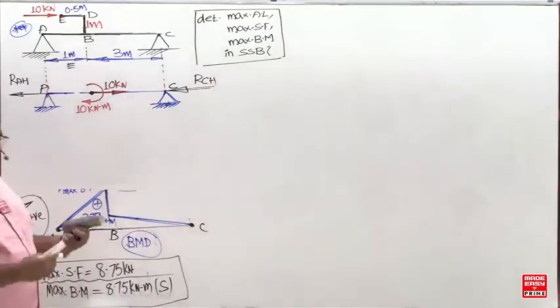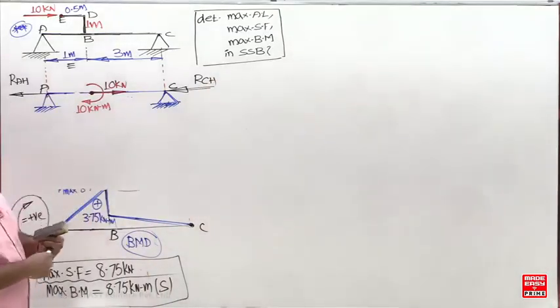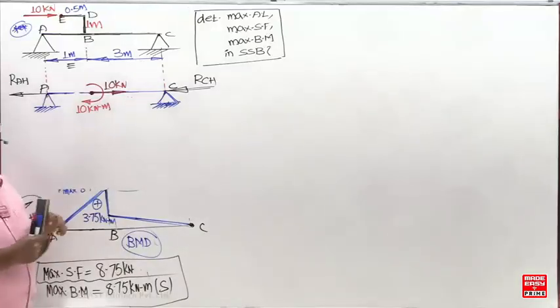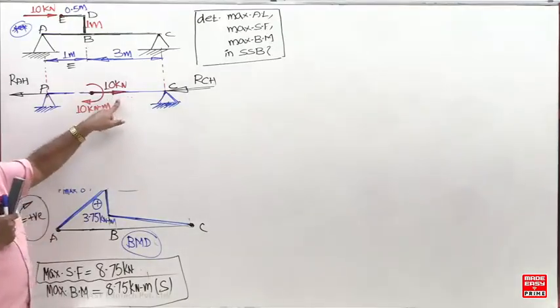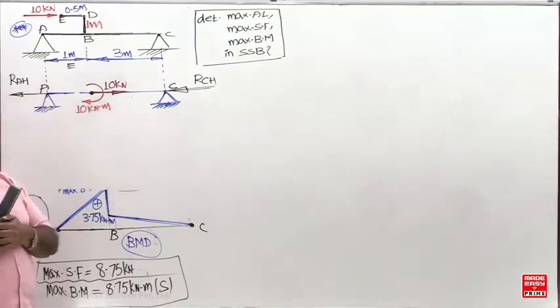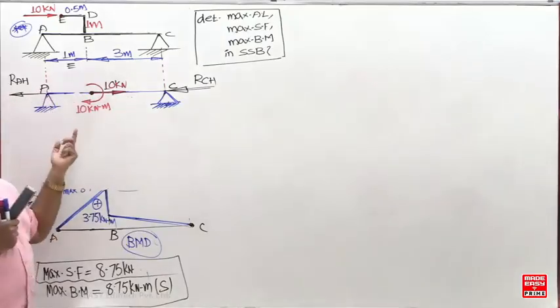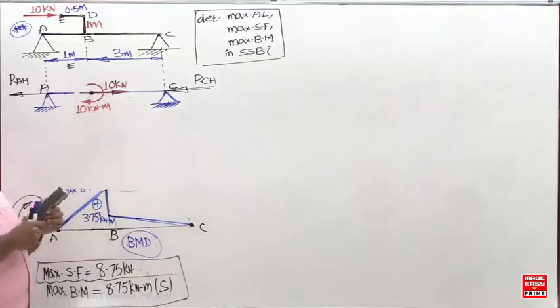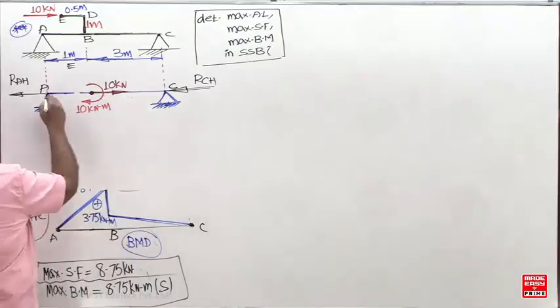And what about the vertical reactions now? This axial load is balanced by the 2 horizontal reactions. Now this couple will be balanced by the vertical reaction. The net couple is clockwise, therefore the reaction should be downward.